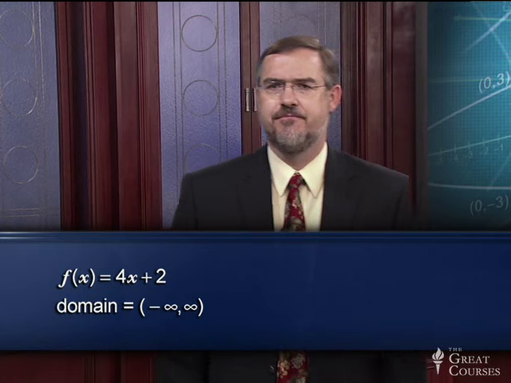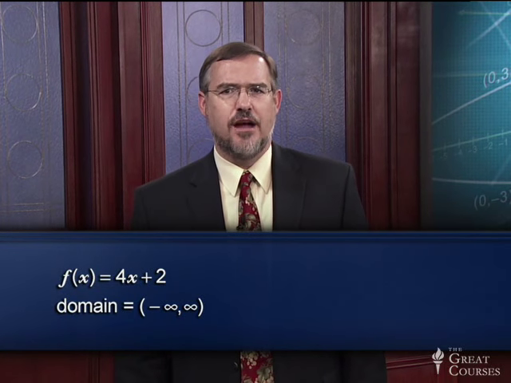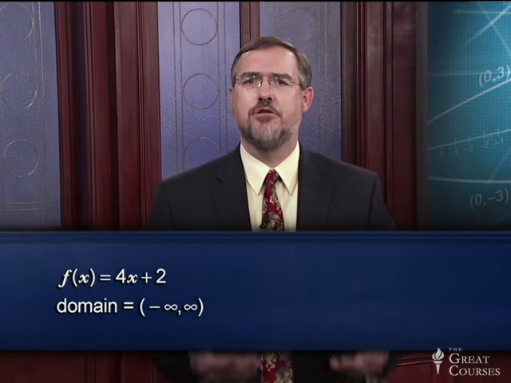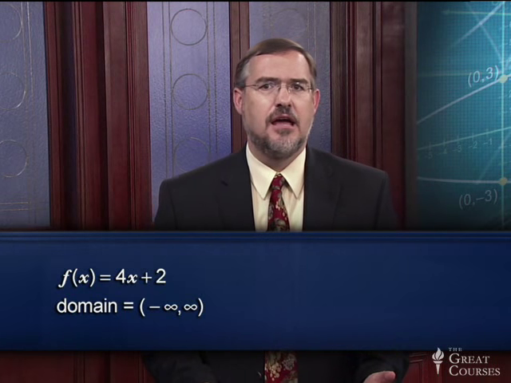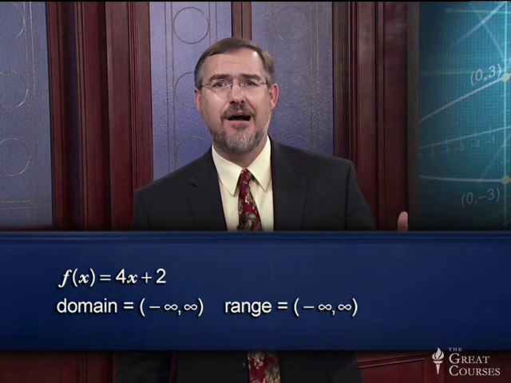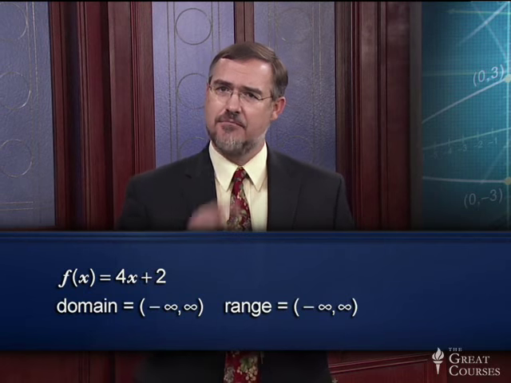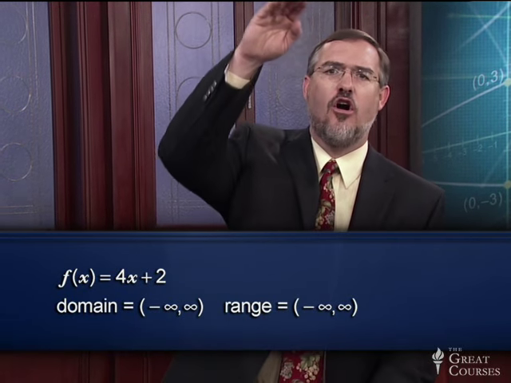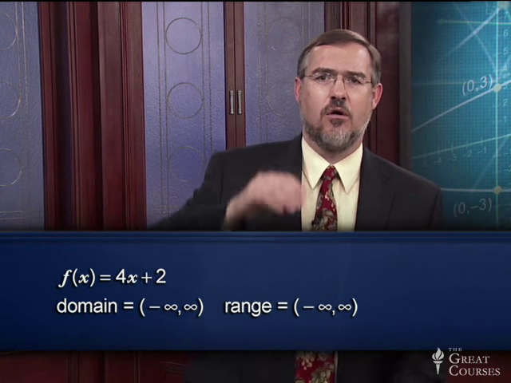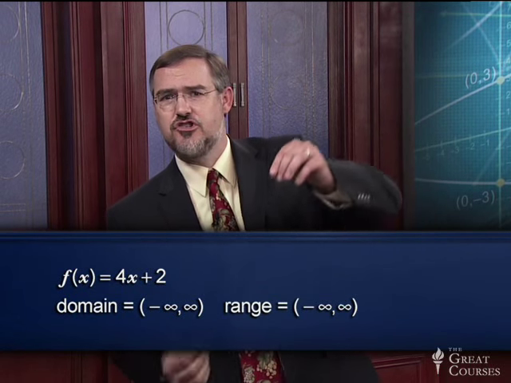What about the range? Well, turns out that the range, which again is the set of output values that's going to come from the function, is going to cover every possible y value you can imagine if you want to think about it on the y-axis. So the graph, remember, it's just a straight line.